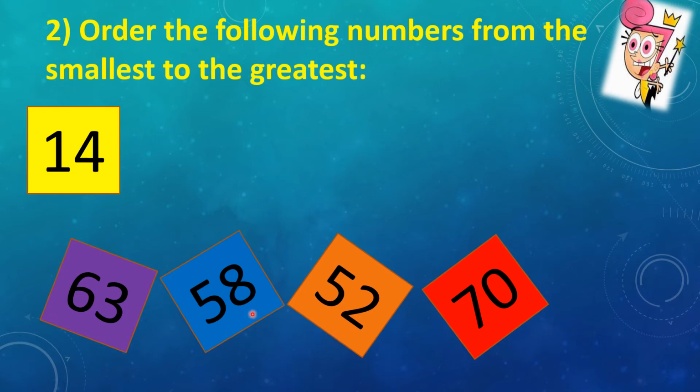We look at the ones place. Here we have 8 ones and 2 ones. Which is the smallest? 2 or 8? 2 is smaller than 8. So 52 is smaller than 58.